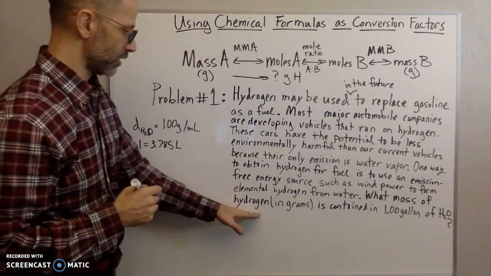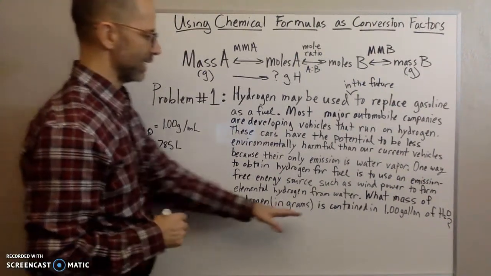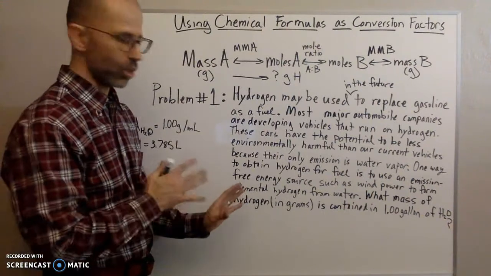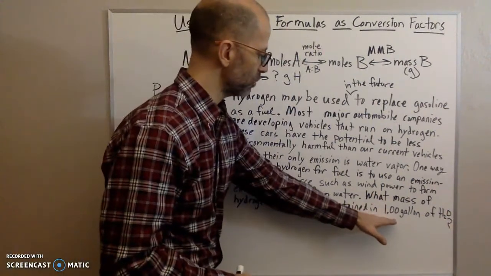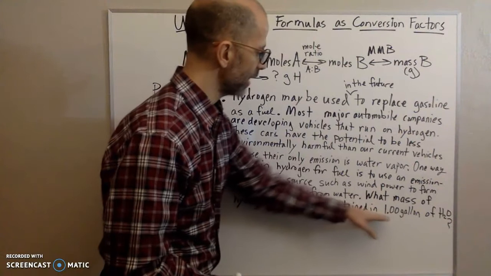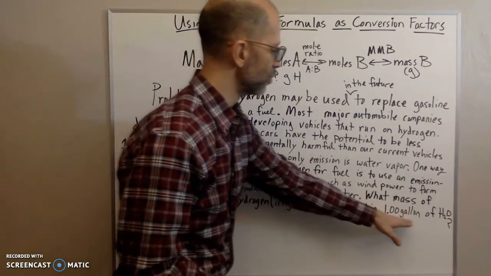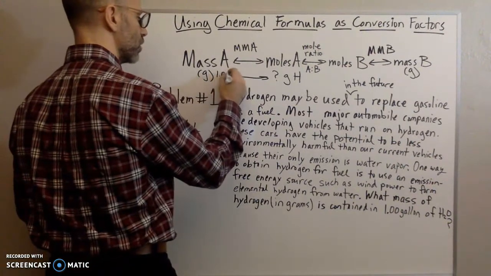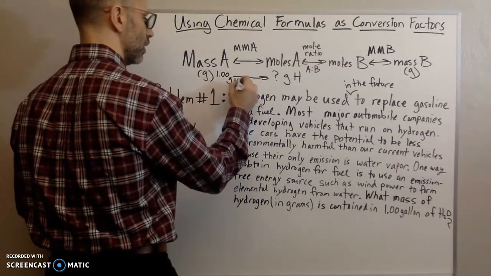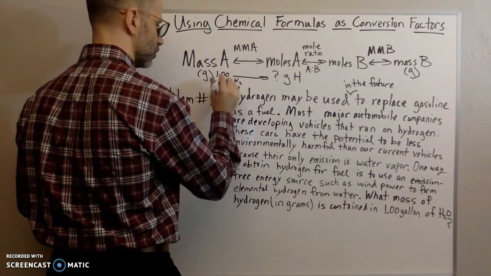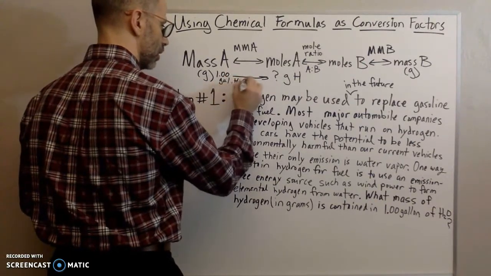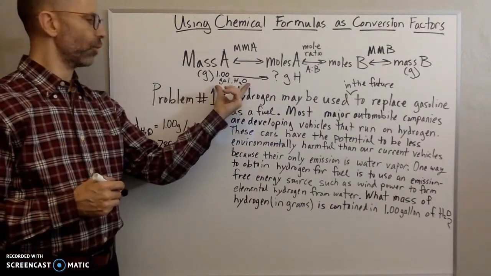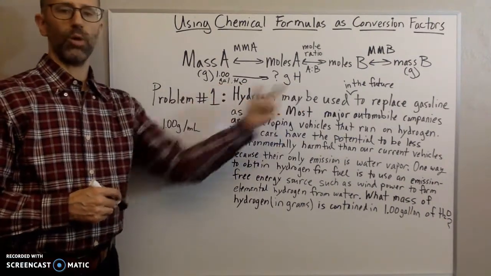Then the rest of the question tells us the beginning: contained in 1.00 gallons of water. That's where we're going to begin. 1.00 gallons of water, that should be G-A-L of water. This is where we are going to begin, and this is where we're going to end.